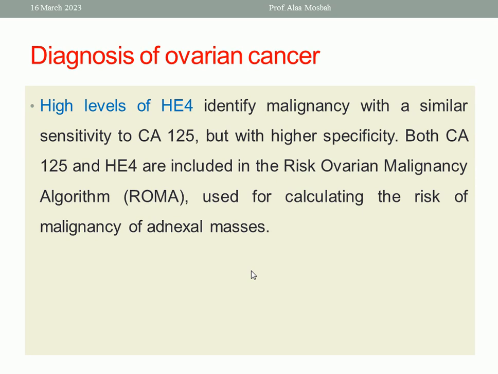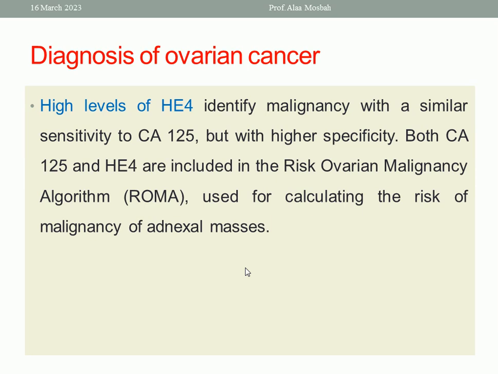And if you want more details, I have a previous lecture about ovarian tumor. You can go to my YouTube channel and find the lecture of ovarian tumor in details. So you can depend on human epididymis protein 4 and CA125.